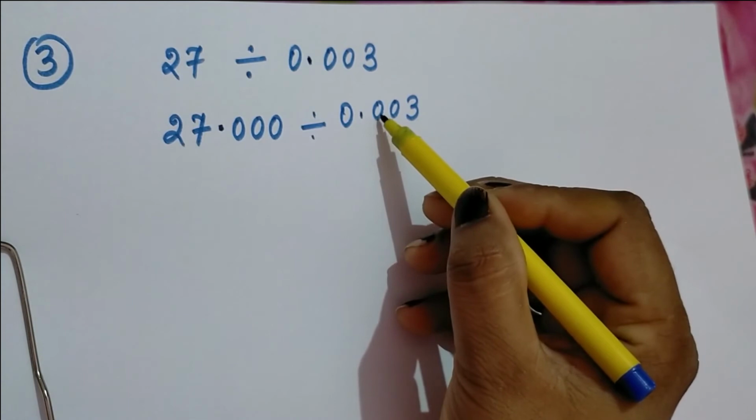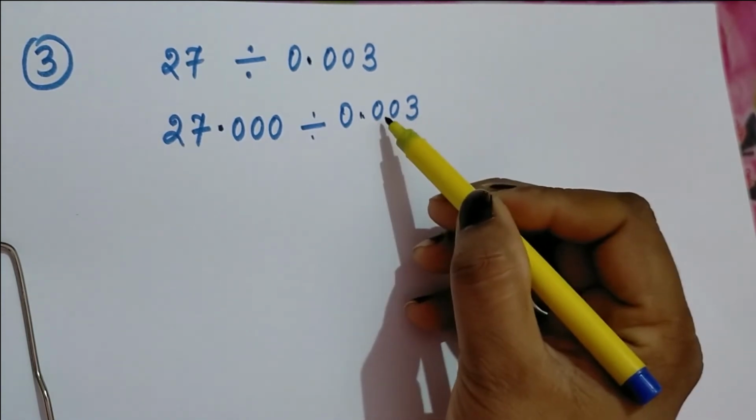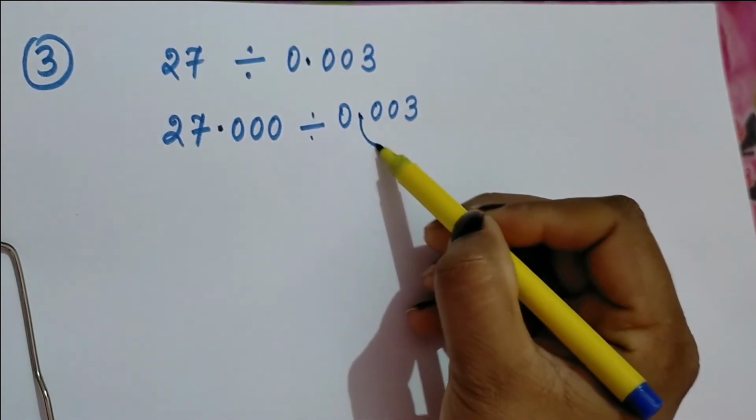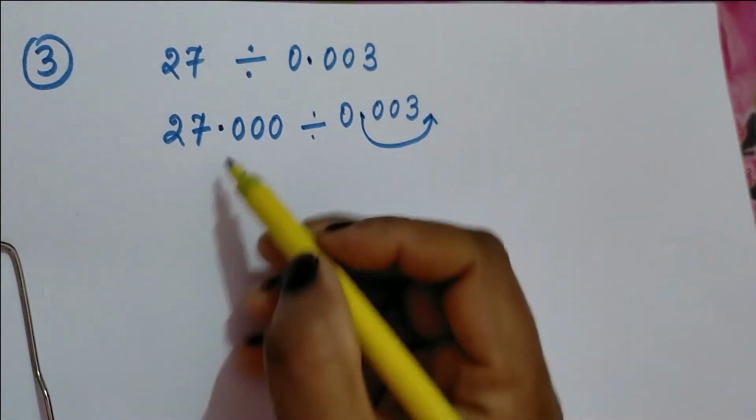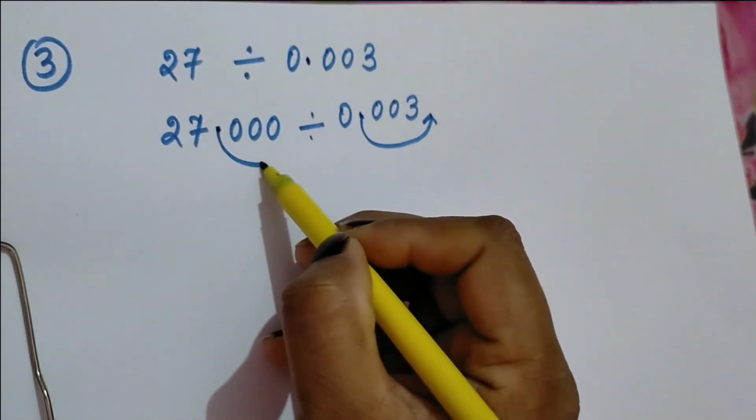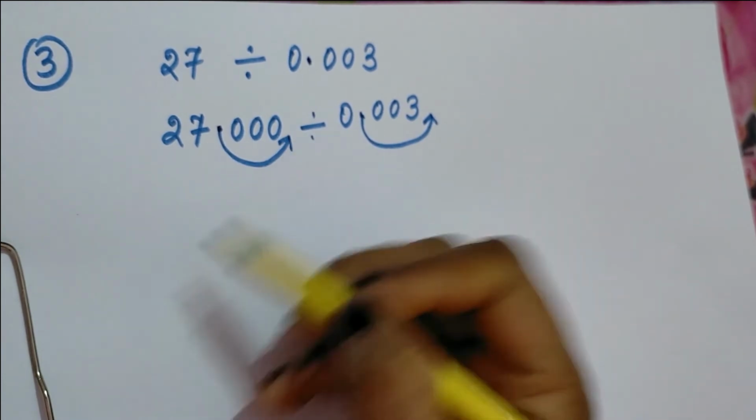Now again we will try to remove this decimal point from the divisor. So we need to move this decimal point 3 digits to the right. At the same time we will move the decimal point in the dividend 3 digits right.